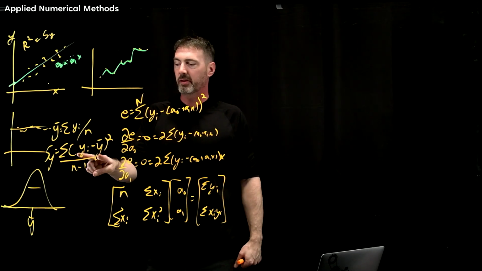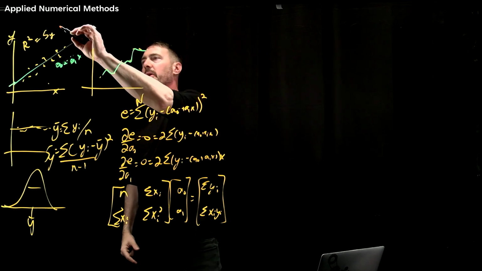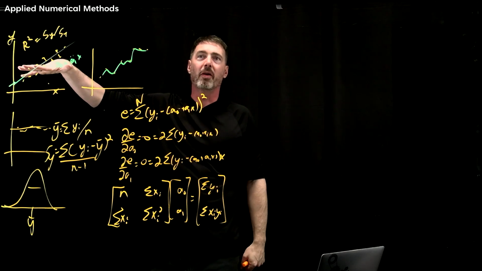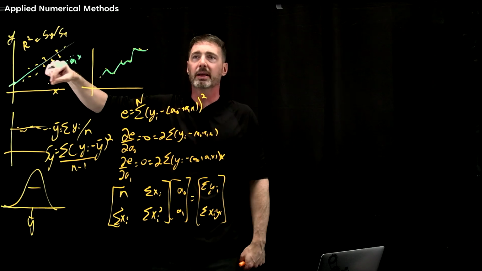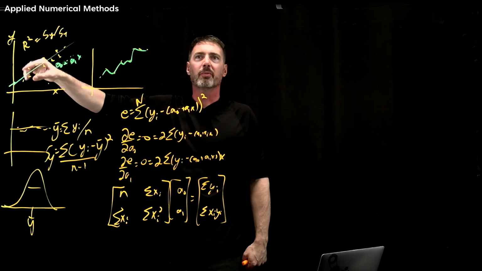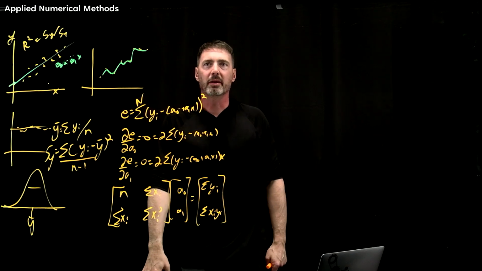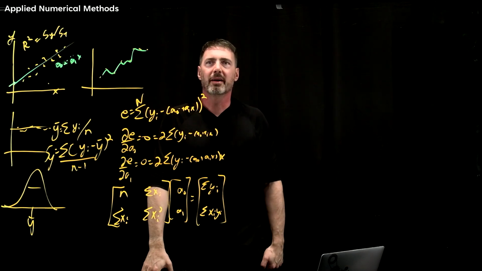So you're summing up all of these little lines, okay? And then what you're dividing by is the error if all I did was use the average. So on a line like this that's going up and to the right, your average might be somewhere over here. So R², we always think of R² of 1 as being really good. Yeah, it is, because R² of 1 is effectively saying it's perfect.